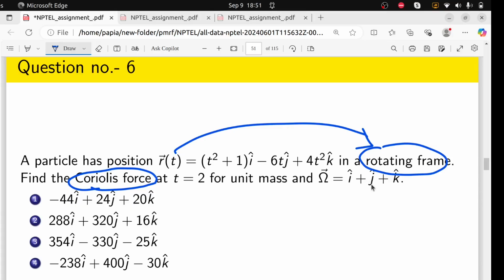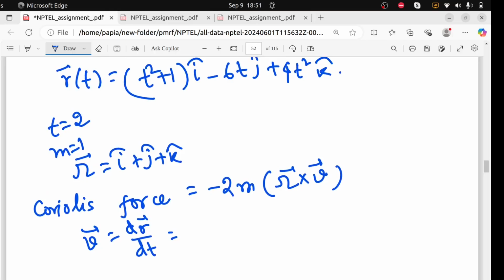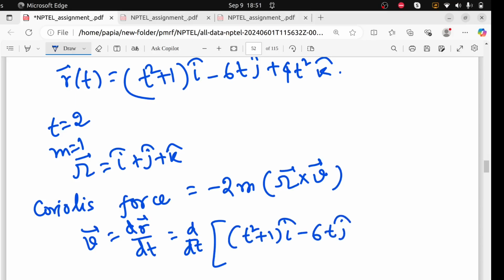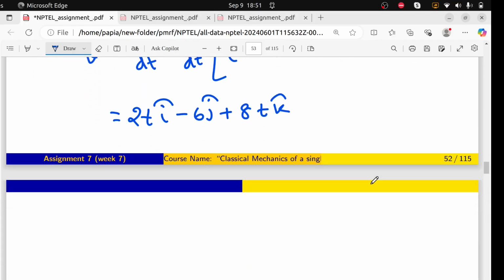So I am just writing dr/dt, and d/dt of (t square plus 1) i cap minus 6t j cap plus 4t square k cap. And what will be the answer? This will be 2t i cap minus 6 j cap plus 8t k cap. So this is my v.